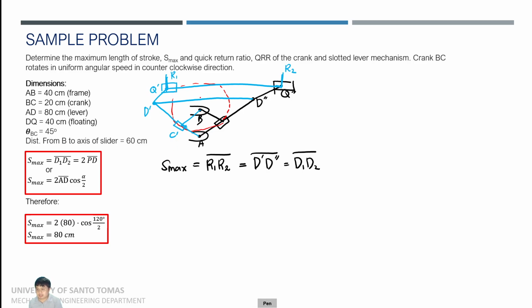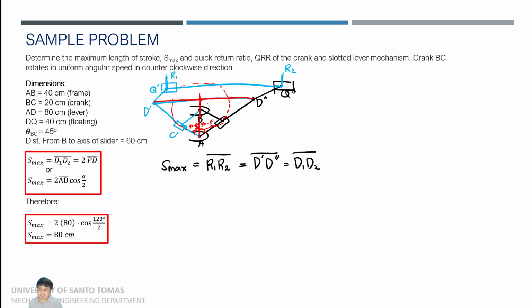We know that the quick return mechanism of the crank slotted is actually symmetric, meaning whatever the length of this to this should be equal to the length of this to this, because the angles here are equal. Actually this is 90 minus alpha over 2, and this is also 90 minus alpha over 2.